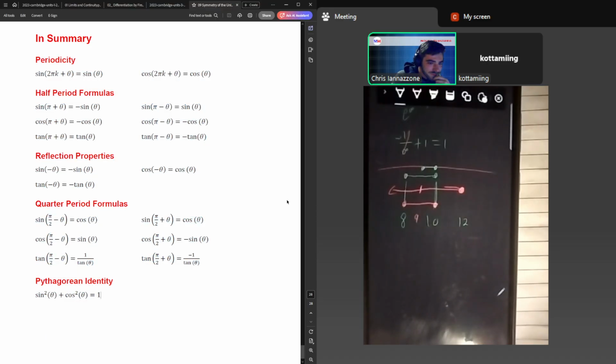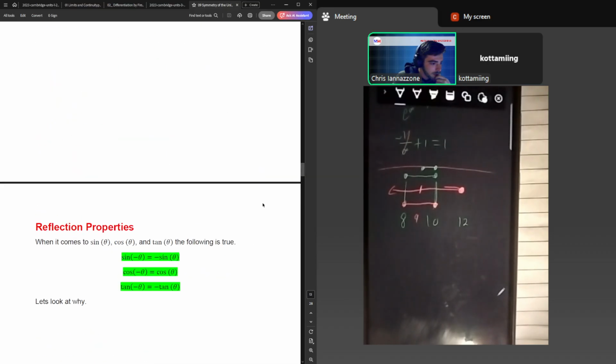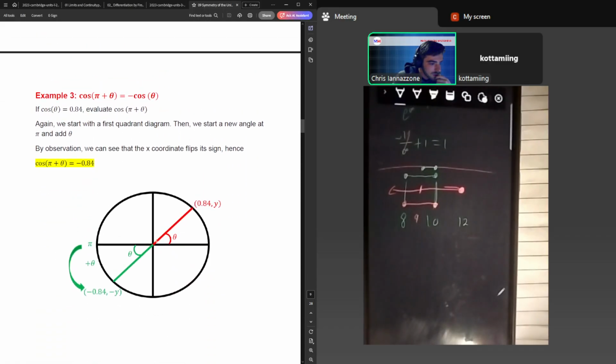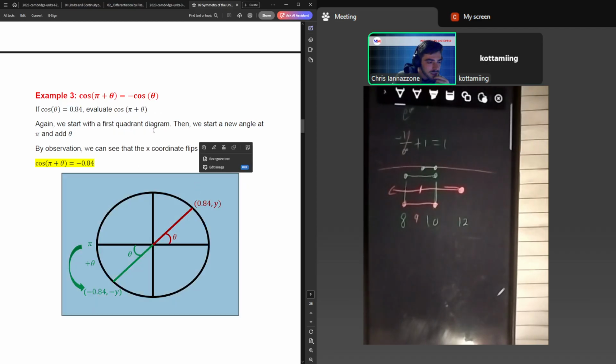And so what you can do to make life easier is actually bunch a lot of these up. Like all three of these are talking about the exact same thing, and I'll show you what that is. So pi plus theta just means that you start at some location, right? So you have some initial value.